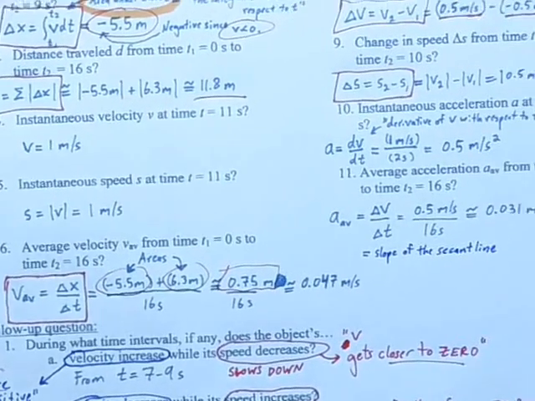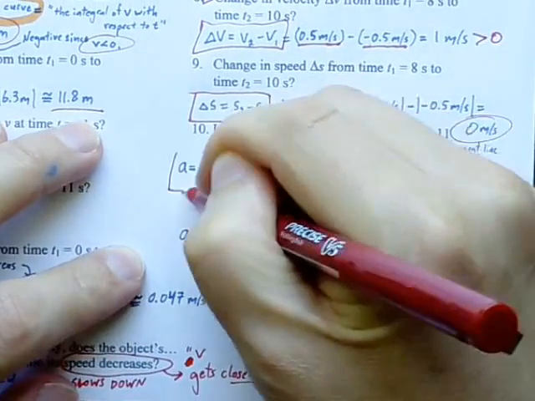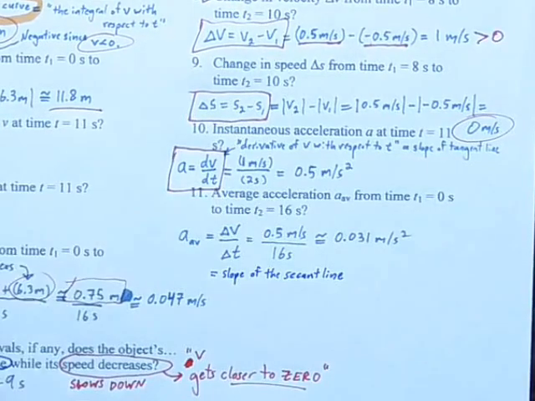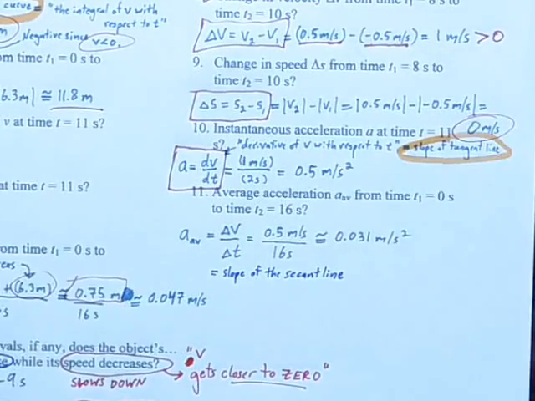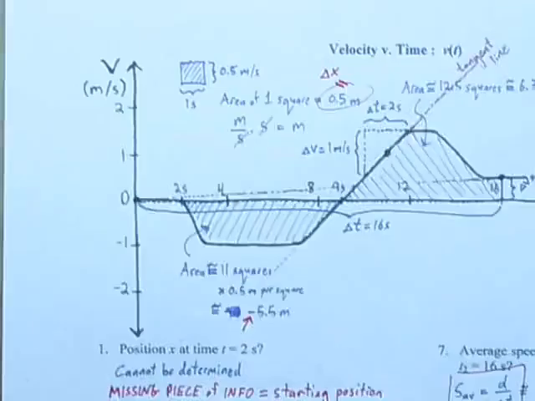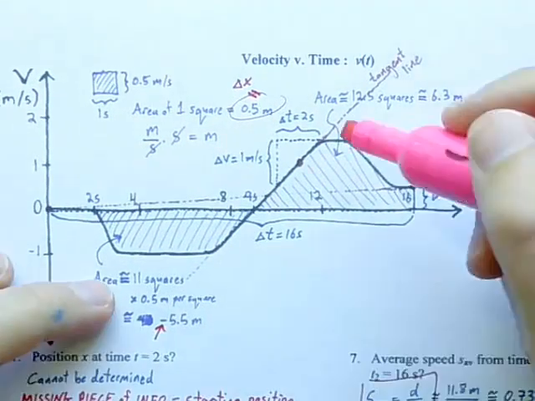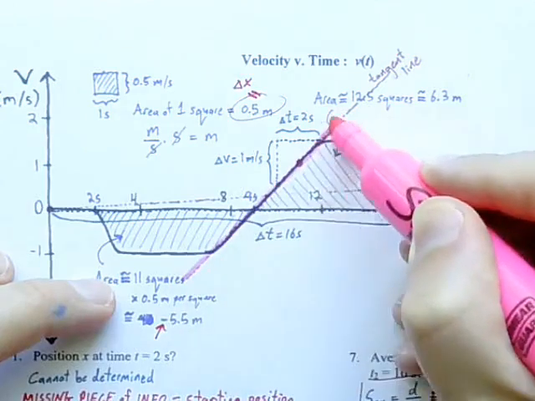Okay, last couple parts here. Instantaneous acceleration. Well, we've got a velocity graph this time, and so we can get our instantaneous acceleration from the slope of the tangent line. We want it at 11 seconds. So here at 11 seconds, I'm going to sketch in a tangent line.